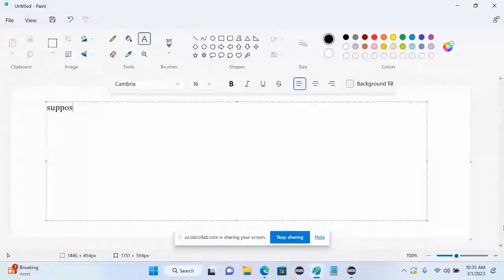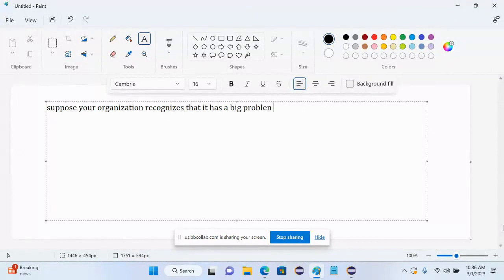So, it's a little off topic, but I'll take a minute to do that. Suppose your organization recognizes that it has a big problem with data silos. Okay, and let's just go with the oil drilling one from the slides.